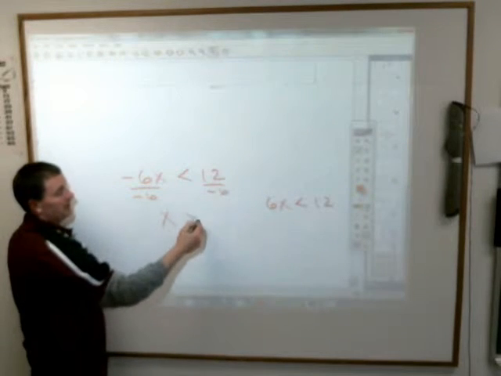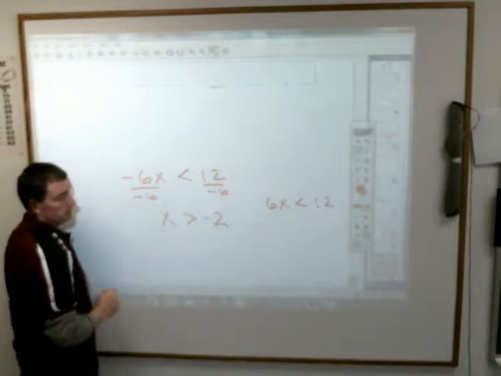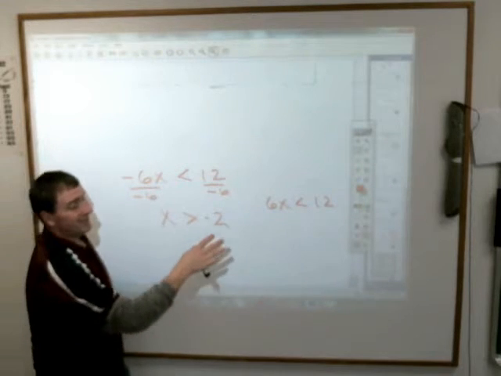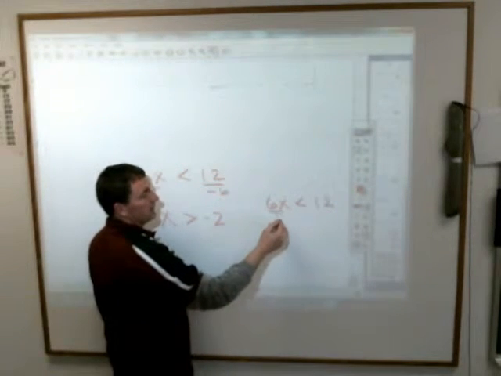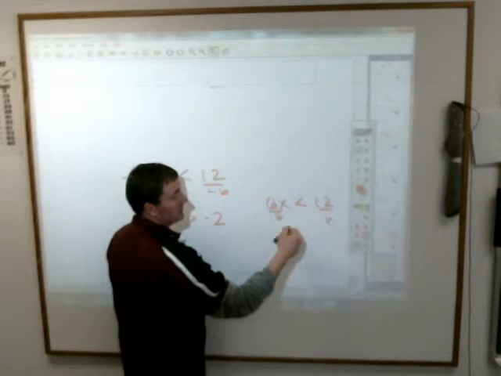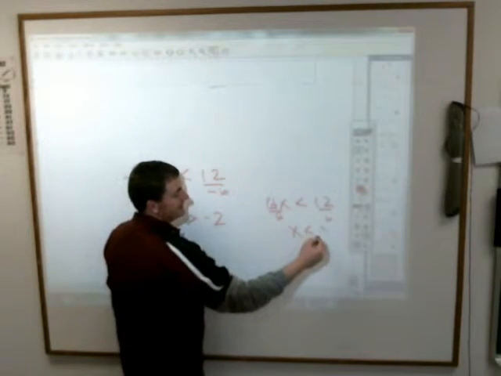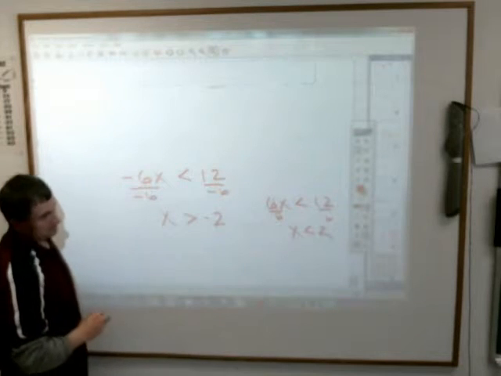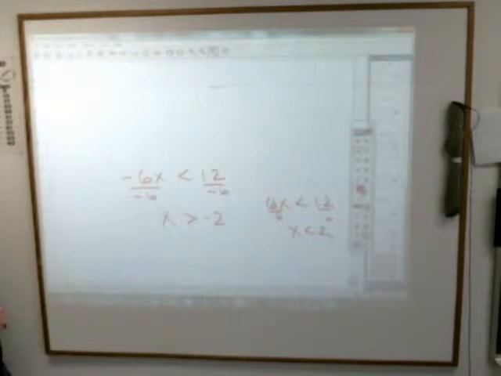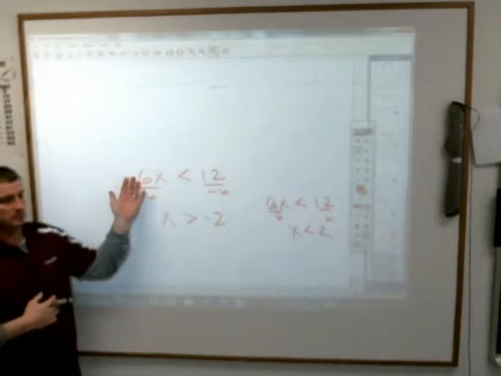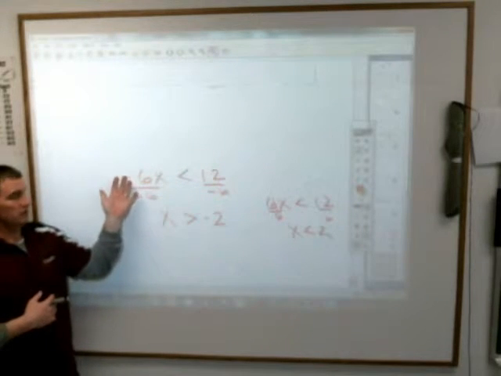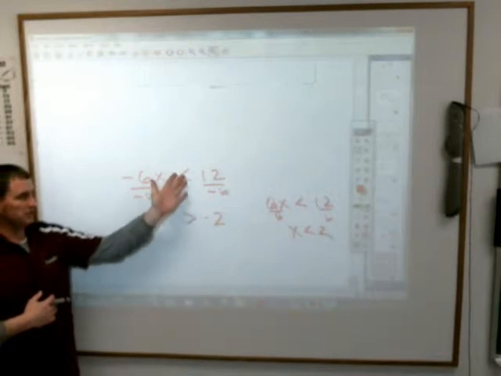And 12 divided by negative 6 is a negative 2. Whereas in this case here, I still divide by 6, divide by 6. If it wasn't negative, I didn't change the sign, so the inequality stays the same. At any time you change that term by multiplication or division to its opposite, the inequality changes to its opposite too.